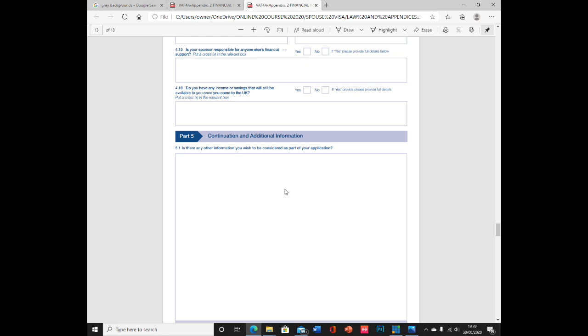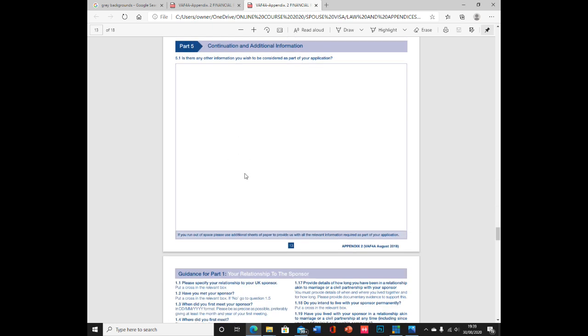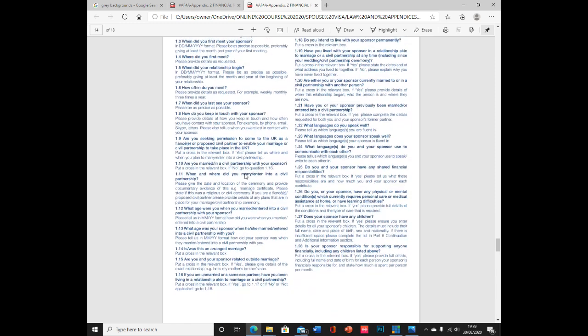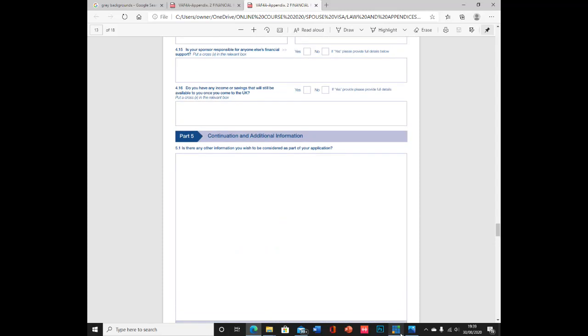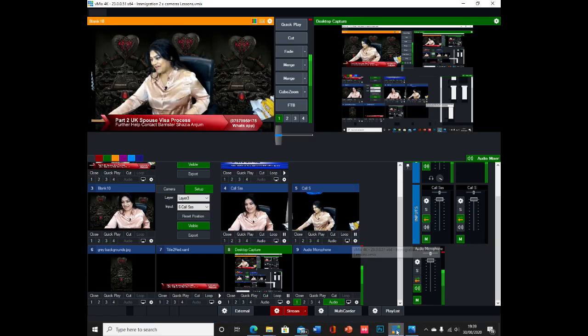If there is any information you were not able to provide before for some reason, here is your chance to explain why you did not provide certain documents and when you will provide them. So here is the end of this training on the Appendix 2 form.